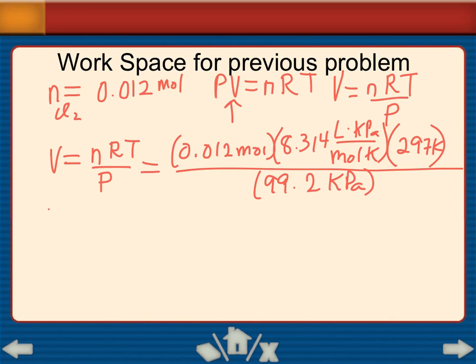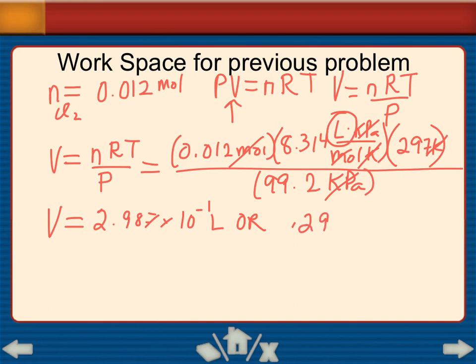Now go ahead, do the unit check, make sure this is set up correctly. So we have moles cancel, kilopascals cancel, kelvins cancel, and we're left with liters up here. And liters is a correct unit for volume. So in the end we will get 2.98787 times 10 to the minus 1 liters, or 0.2987 liters.